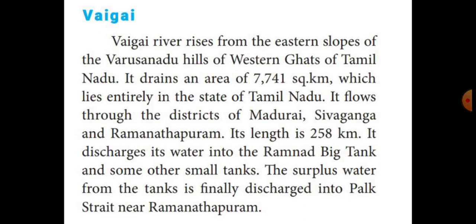Thirdly Ponniyar, also from Karnataka. But for these three rivers, most of the areas flow in Tamil Nadu only. The fourth one is Vaigai, which originated in Tamil Nadu, in the Varusanadu hills.